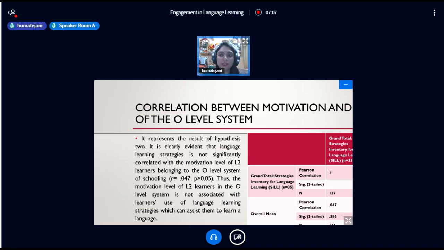The second hypothesis was the correlation between motivation and language learning strategies of the O-level system. It represented the results of hypothesis 2. It is clearly evident that language learning strategy is not significantly correlated with the motivation level of L2 learners belonging to the O-level system. So in this hypothesis, for students who are studying O-levels, no significant relationship was found between their motivation level and the language learning strategies that they use to learn the language.